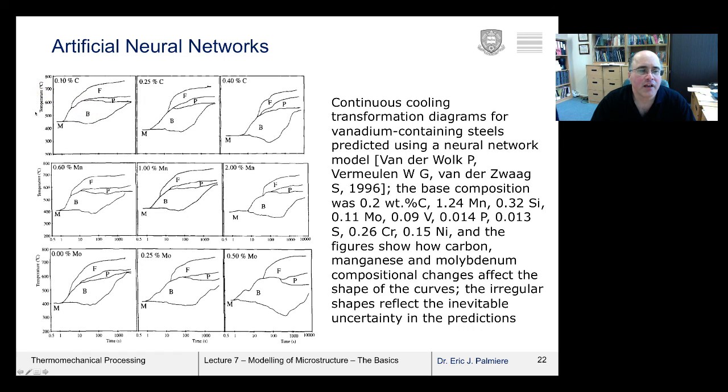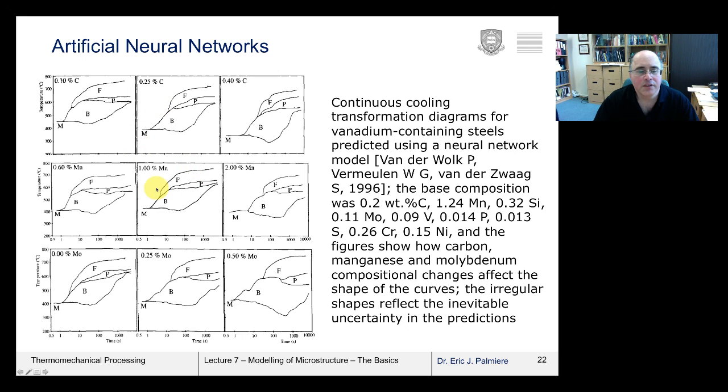In all cases, we have a plot of temperature versus the logarithm of time in the usual way, looking at how the transformation start of, say, polygonal ferrite, pearlite, bainite or martensite changes as we change compositional variations.